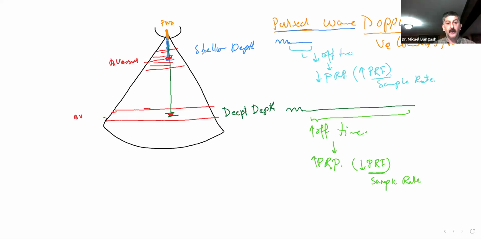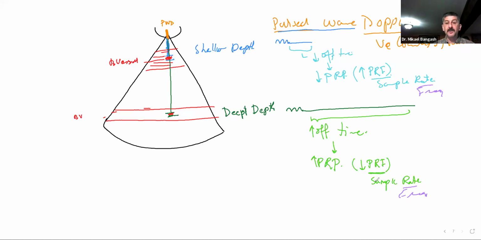But mainly because it's at a shallow depth, it's going to take the pulse a shorter time to go to the depth where we have kept the sample window and come back. You're going to have a greater sample rate, because rate here is just another word for the frequency of samples.